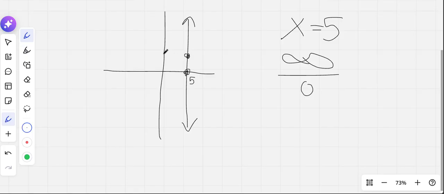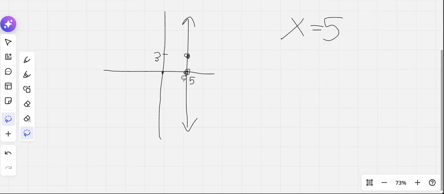Let's say this is 2 on the x-axis, 3 on the x-axis, and this point is 0 on the x-axis. Let me erase that real quick. The rise between 0 and 3 is 3, but it has no run.